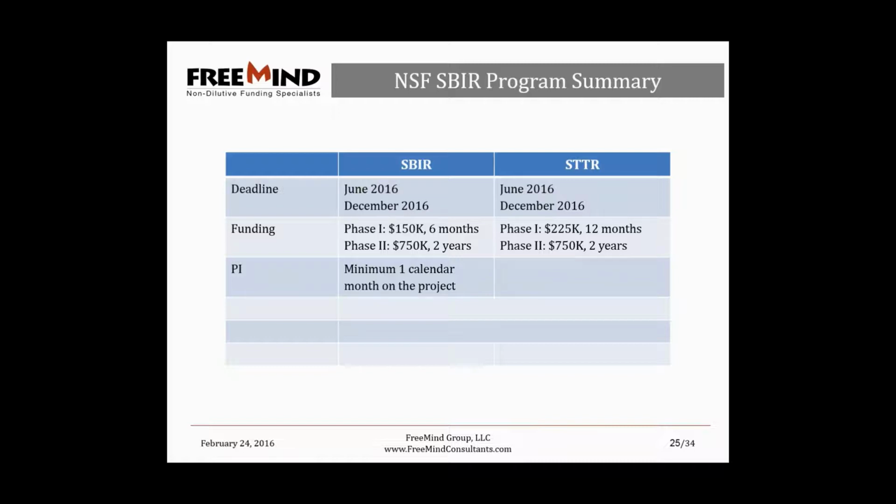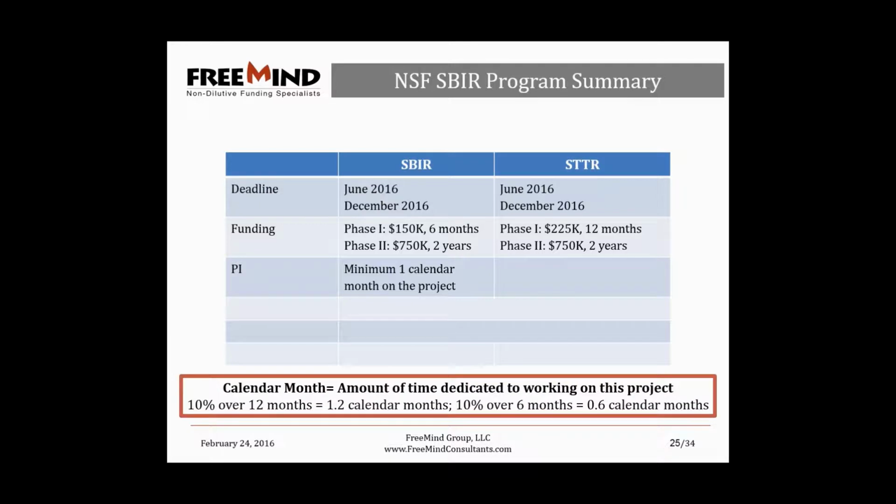So I would just like to briefly explain what that is. It is basically the amount of time dedicated to working on this project. I've just given 2 short examples: 10% over 12 months equals 1.2 calendar months, and 10% over 6 months is 0.6 calendar months. I hope that's clear.